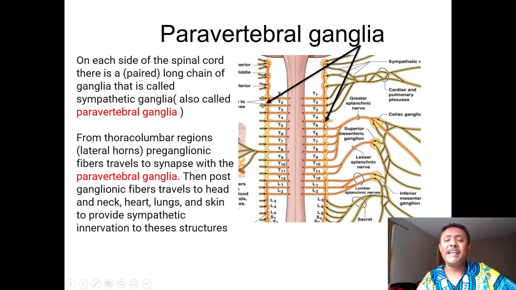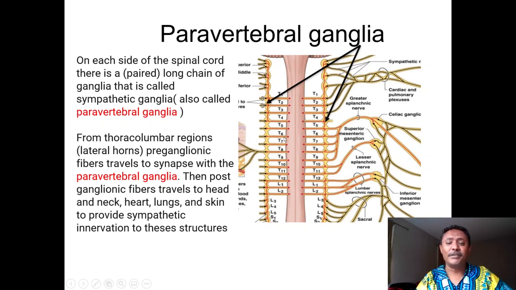Now, the preganglionic fibers come from the lateral horns. Here, this is the preganglionic, and then it comes to these para-vertebral ganglia on each side, and then it synapses with it, right? And then from there, I'm gonna have my postganglionic fibers going out. Let's say this one more time.